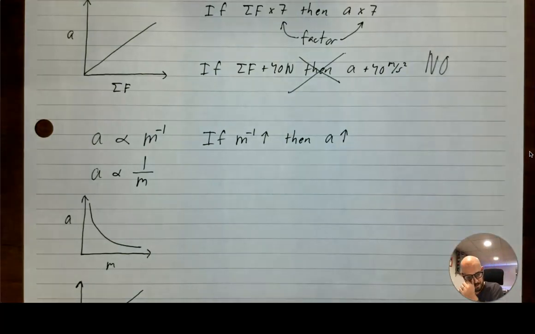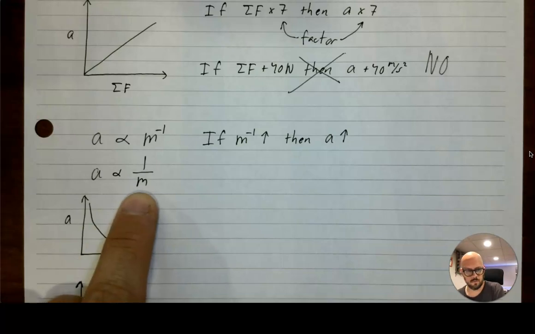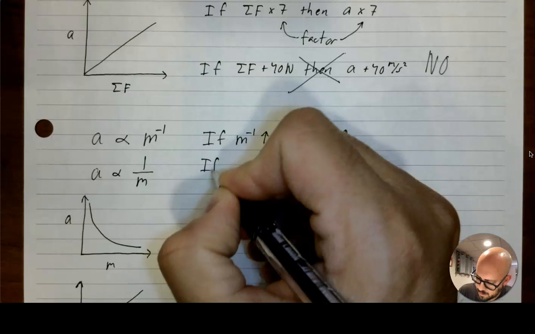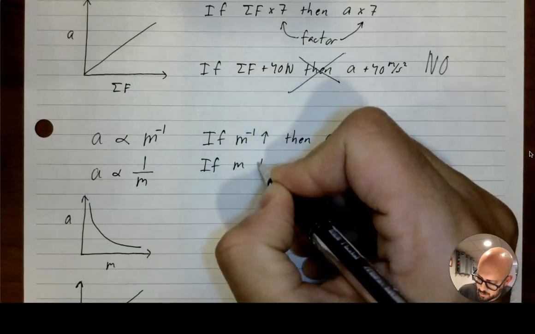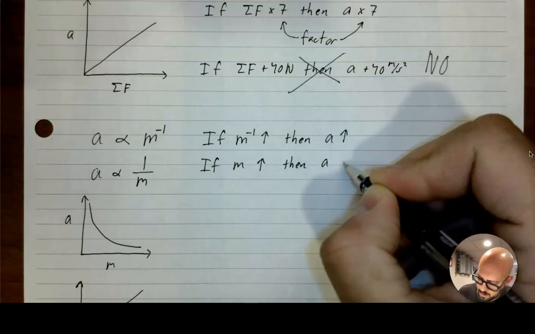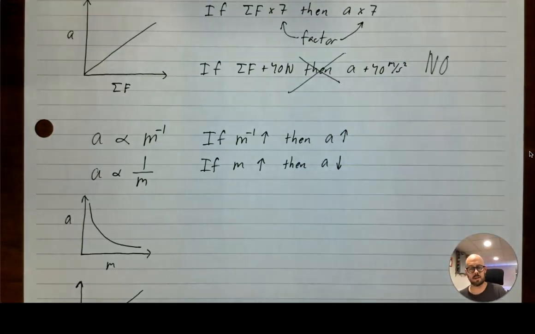Now, we tend to not think about things in this way. We tend to think about the actual variables. So another way to say the same thing is to say if the mass goes up, then acceleration will go down. If things are inversely proportional, then those variables will change in exactly the opposite way.